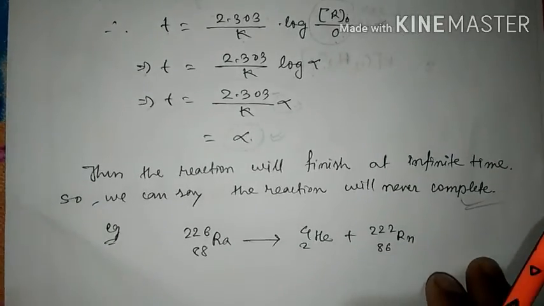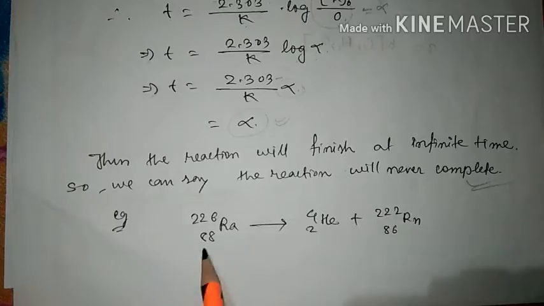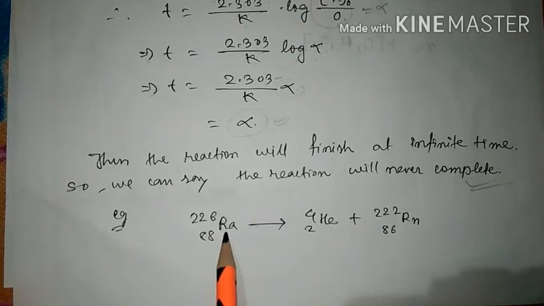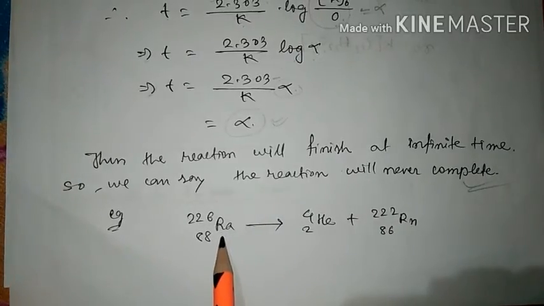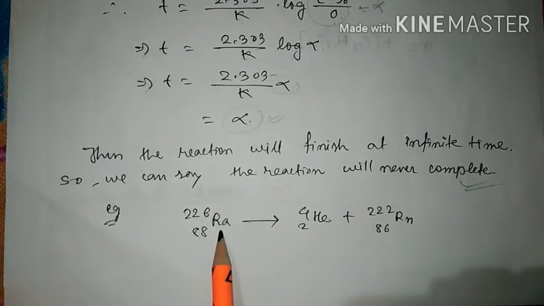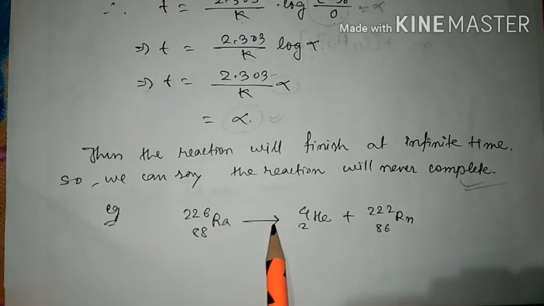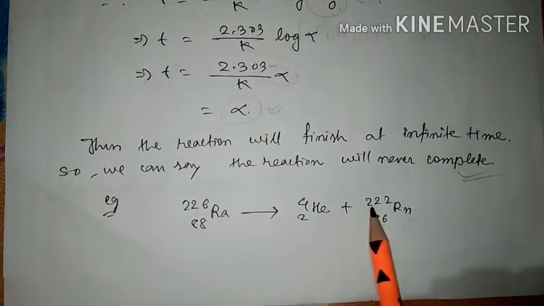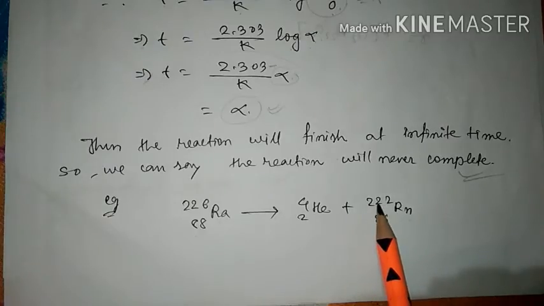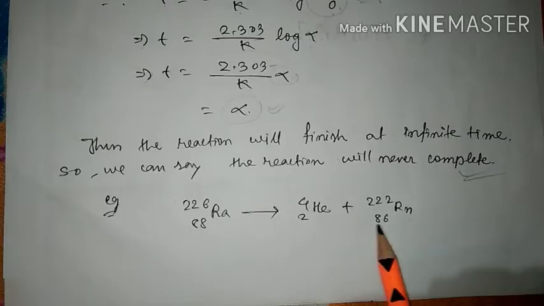Now what is the example? Here is the example. When radium, which has mass number 226 and atomic number 88, reacts, it produces helium plus Rn, which has mass number 222 and atomic number 86.